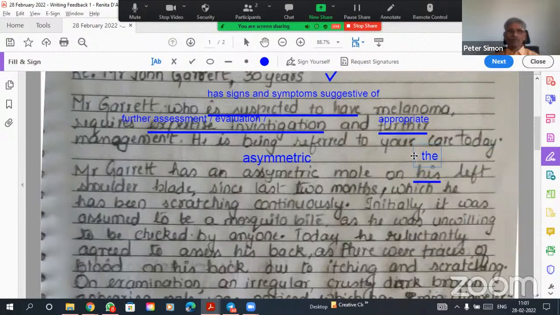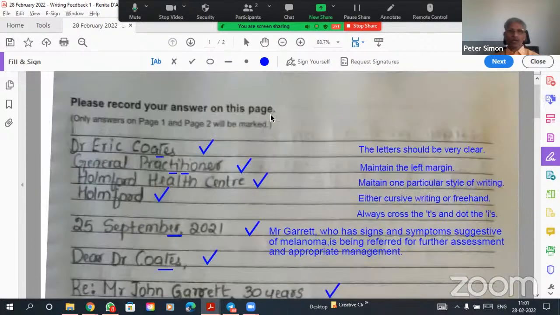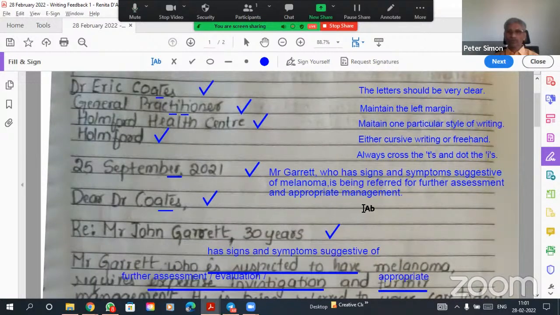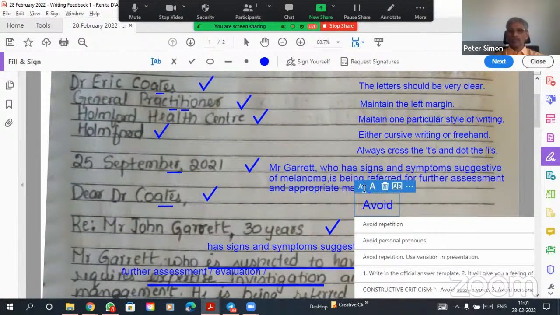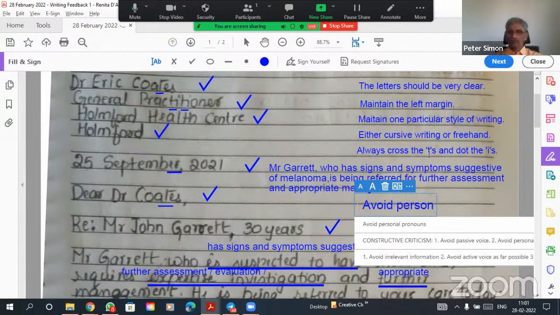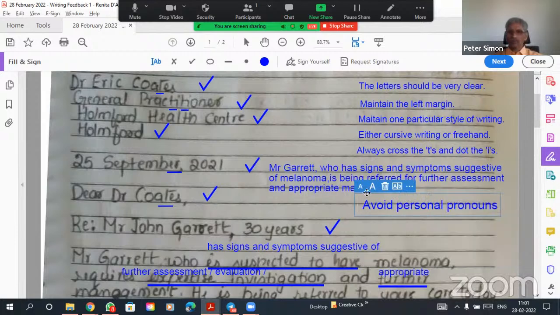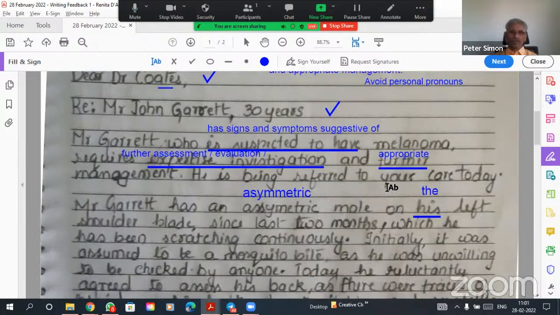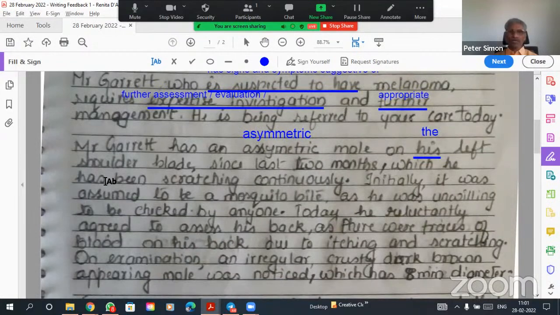So avoid personal pronouns. Next, Mr. Garrett has an asymmetric mole.